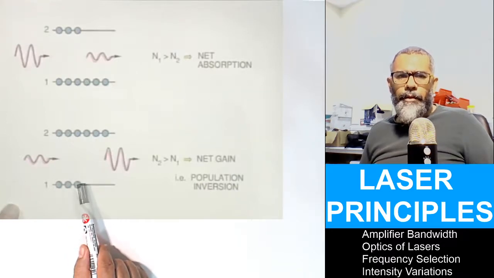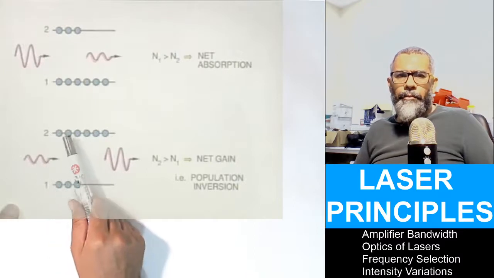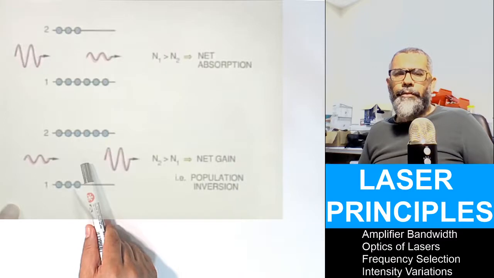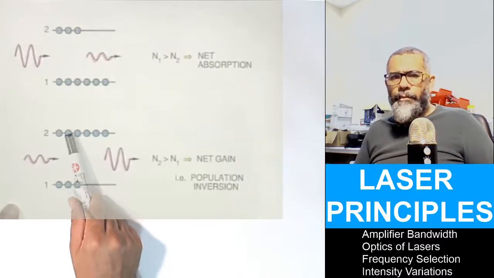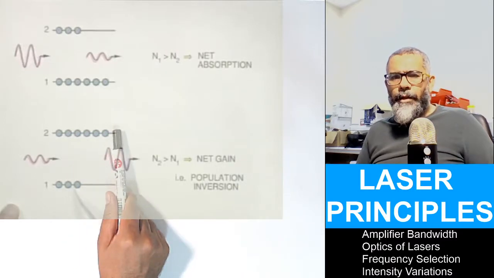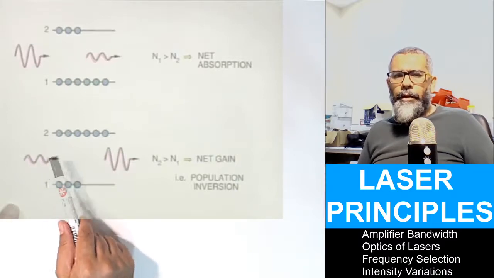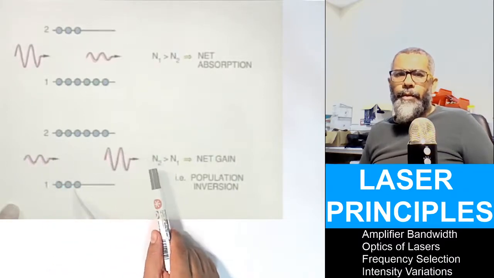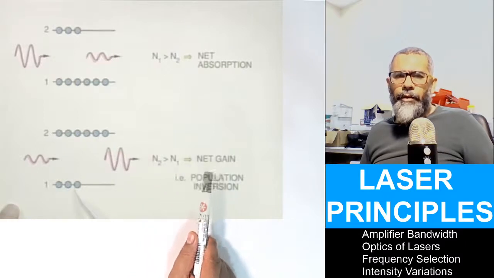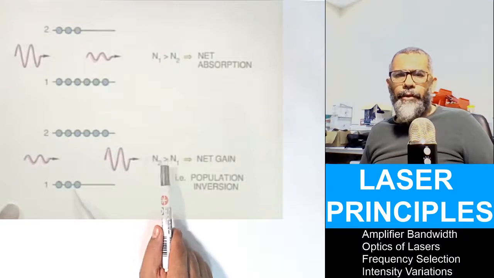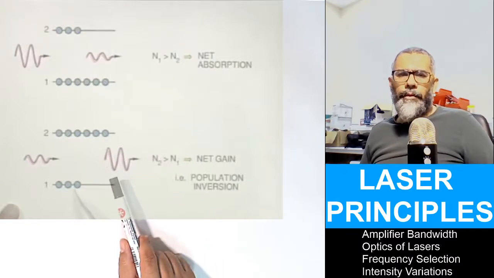These atoms will absorb the incoming light, but these ones will emit. Stimulated emission will take place, but since the number of atoms at the excited level is higher than the ground state atoms, your incoming light will be amplified. So we have a net gain, or an amplifier, if N2 is larger than N1.